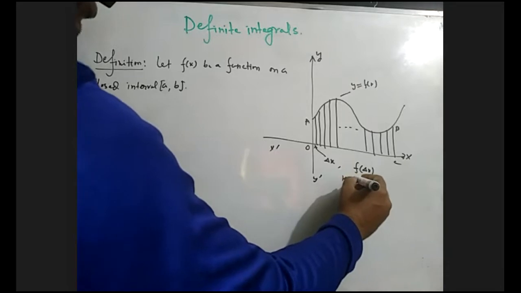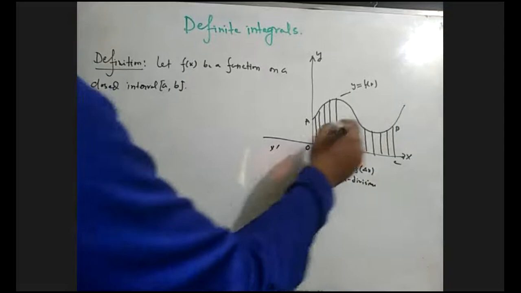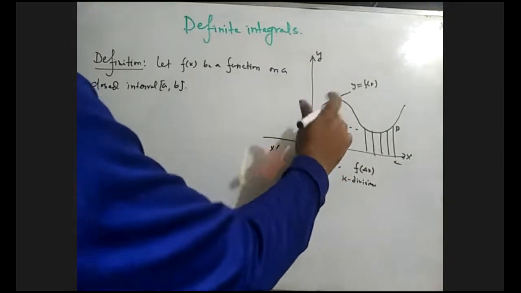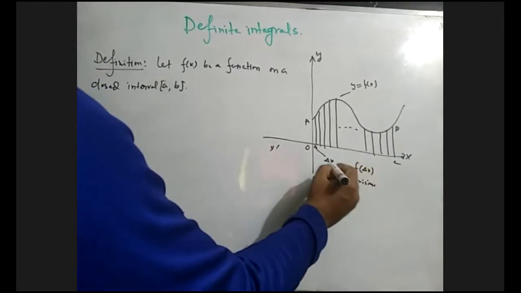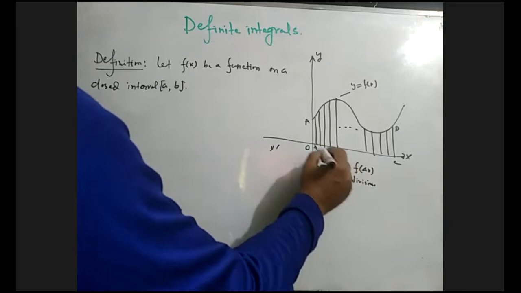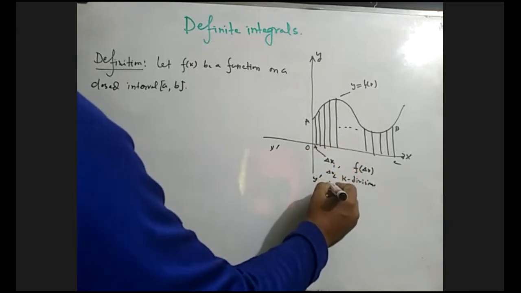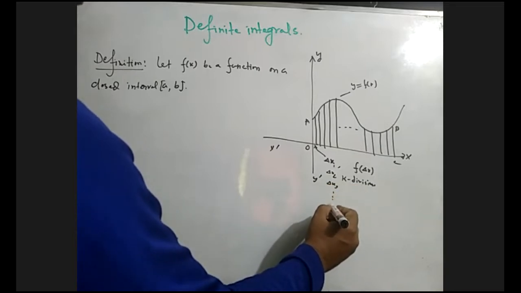Every length will be del x, and for every del x we get y equals f of x. Suppose the first one is del x1, the second is del x2, and the third is del x3. In this way we get del xk.